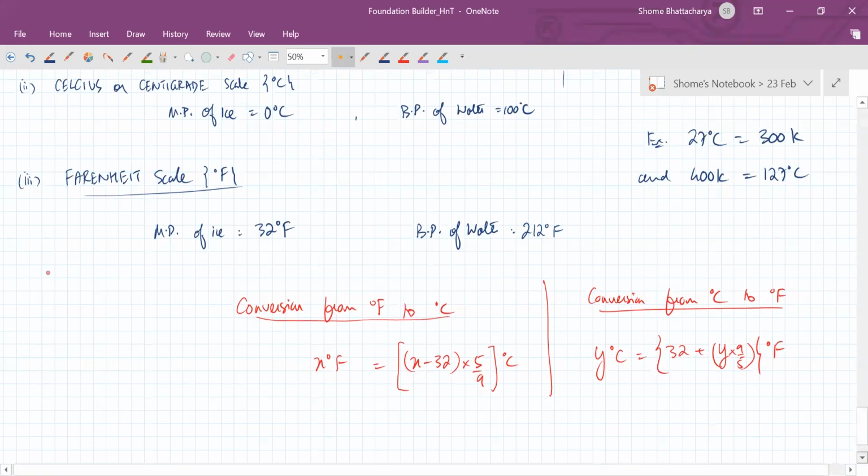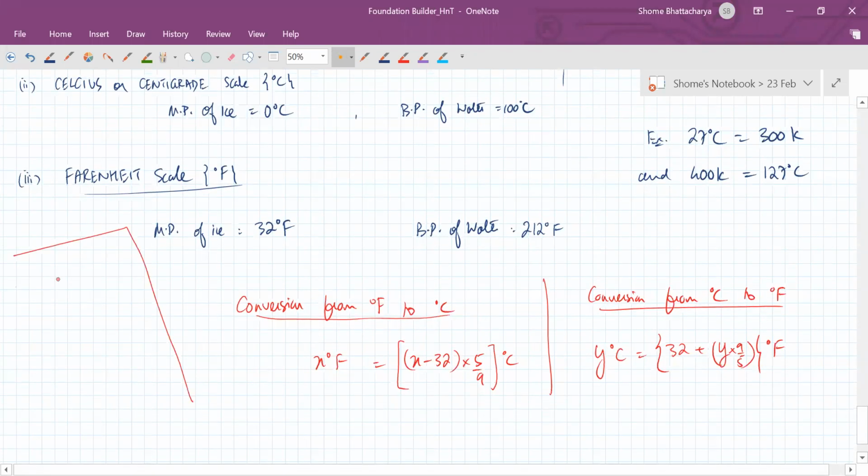So the reason for this is pretty simple to understand, that an interval of temperature equal to the boiling point of water minus melting point of ice, that delta T, is 180 in Fahrenheit, and that's equal to 100 in Celsius. So an interval of delta T equal to 1 degree C is equal to 180 by 100, or that is the same thing as 9/5 degrees Fahrenheit.